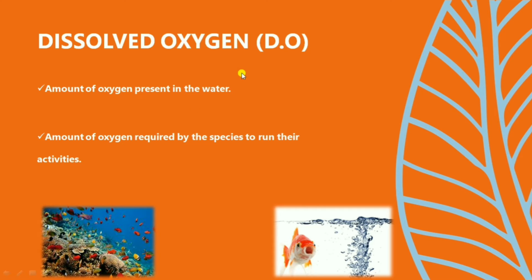Dissolved oxygen format, and through this format the dissolved oxygen is consumed by the organisms in doing their activities. So we can modify the definition of dissolved oxygen as the amount of oxygen required by the species to run their activities. Hope you guys get it.